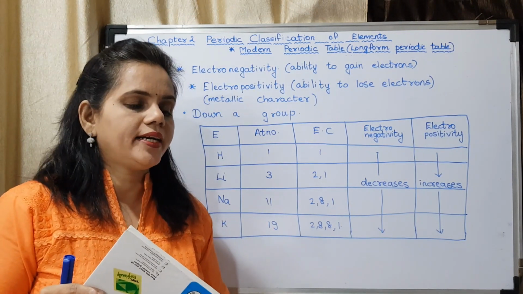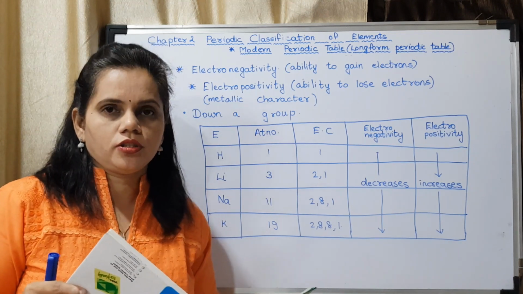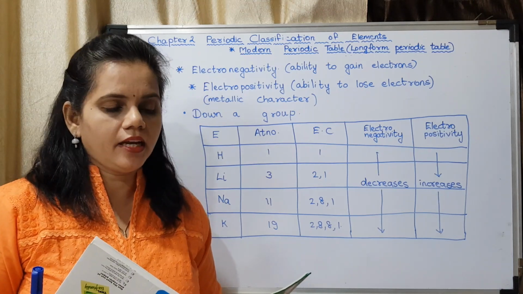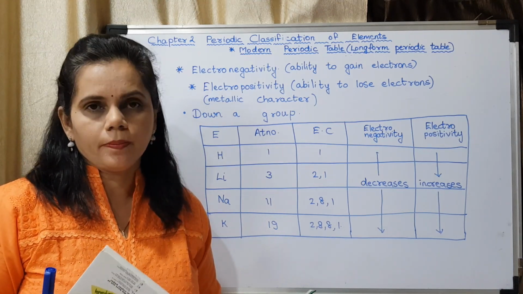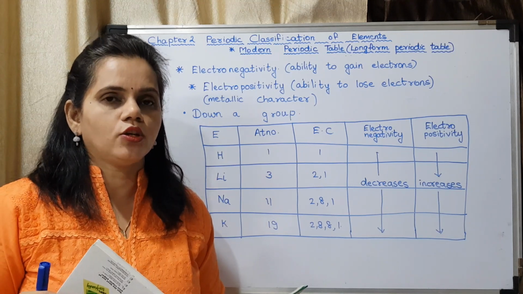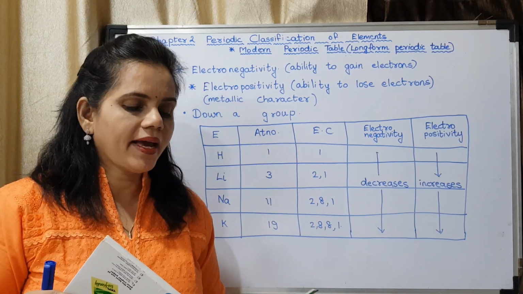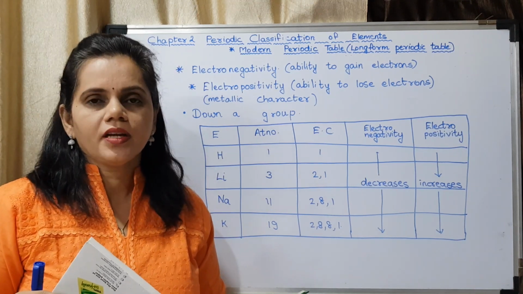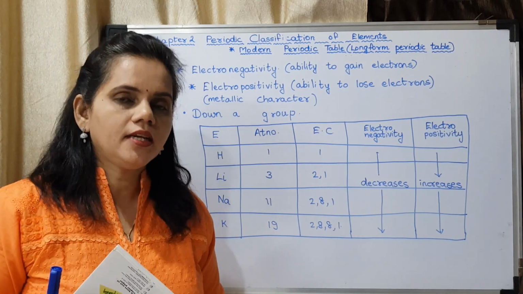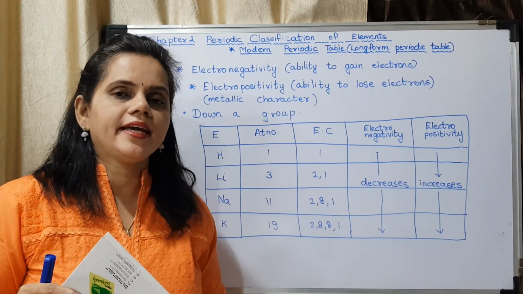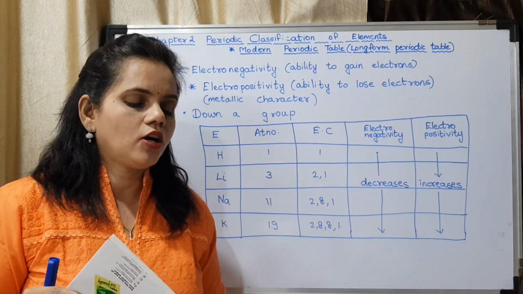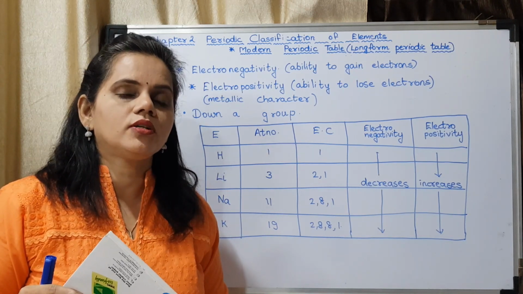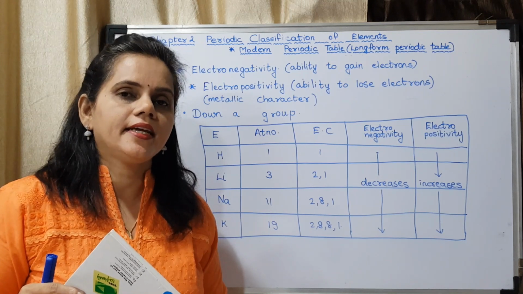Next, on page number 28, there is a box with the heading, do you know? What happens to the reactivity of the elements as we go down a group? They have taken the second group of beryllium, magnesium, calcium, strontium and barium. As you go down a group, the reactivity increases. On the top of the box you may write: as we go down a group, the reactivity increases.